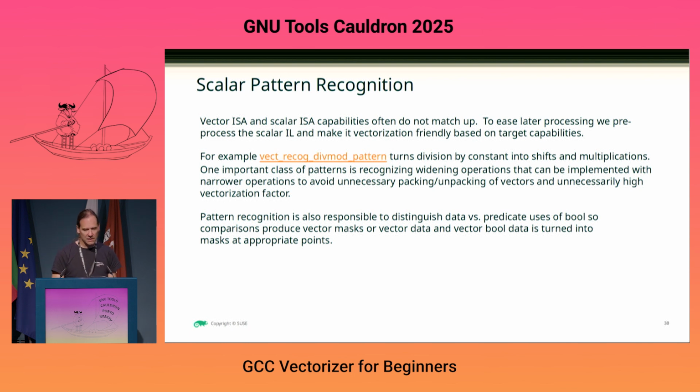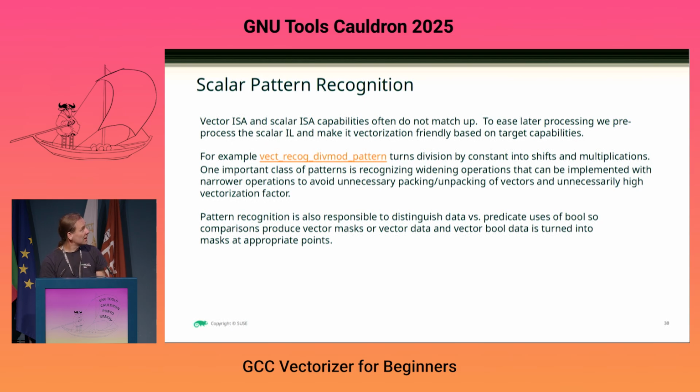It also does a class of patterns related to masking. Because when you have a bool, it can, in the scalar code, be the result of, for example, a comparison or of a bool load, but it can be used in a conditional context, or it can be used as data. And the vectorizer needs to distinguish between those mask modes and the data modes.